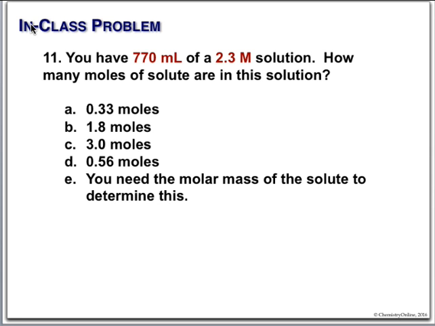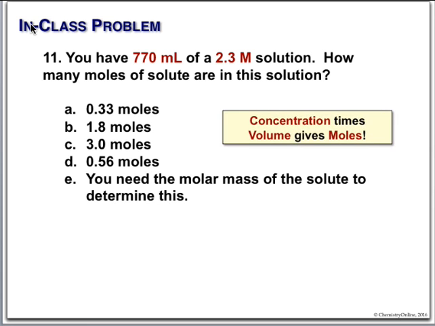Concentration times volume gives us moles. Our concentration here is 2.3. Our volume, remember it must be in liters, is 0.77 liters. Simply multiply these together. The liters will cancel. We're left only with moles. And it's 1.8.